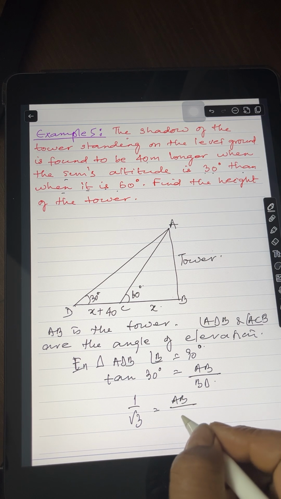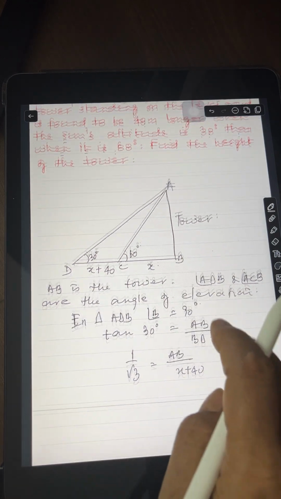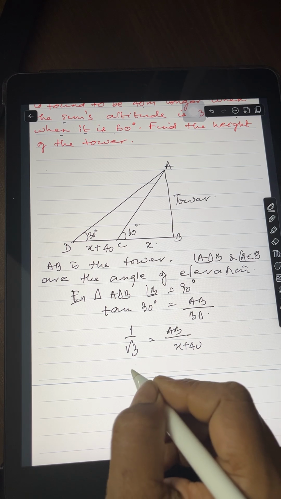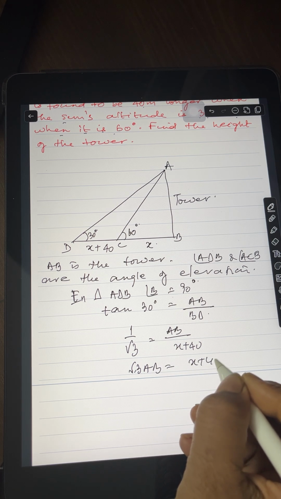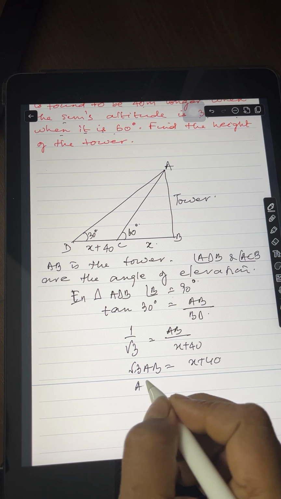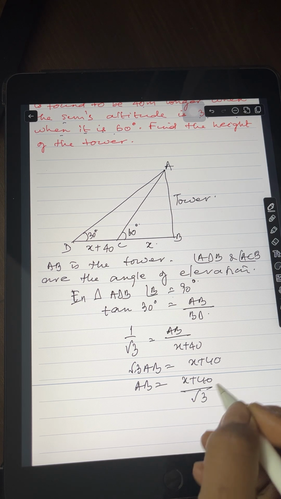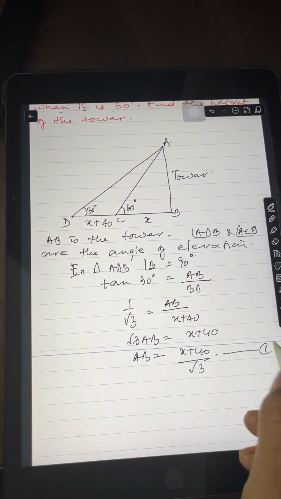BD is x plus 40. Now cross multiply, you get root 3 AB is equal to x plus 40. So AB is equal to x plus 40 by root 3. So AB you got. Now take this as 1.